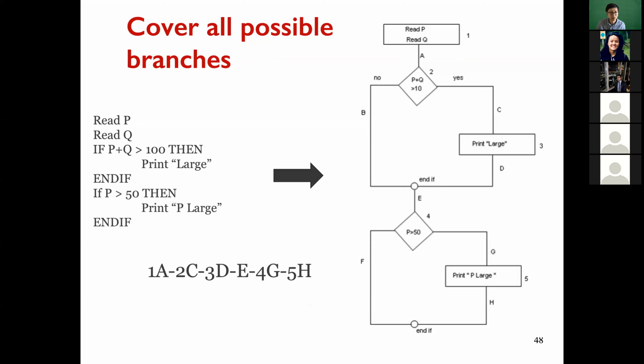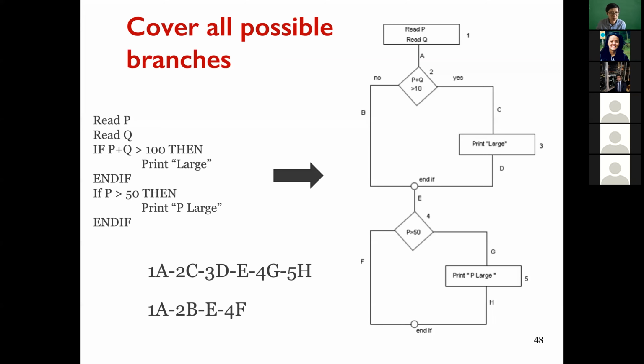The first one covers 1A, 2C, 3D, E, 4G, 5H, which covers all the branches on the right. Then we have another test case to cover all the branches on the left: 1A, 2B, E, 4F. So for branch coverage, we need two test cases to cover all the branches.